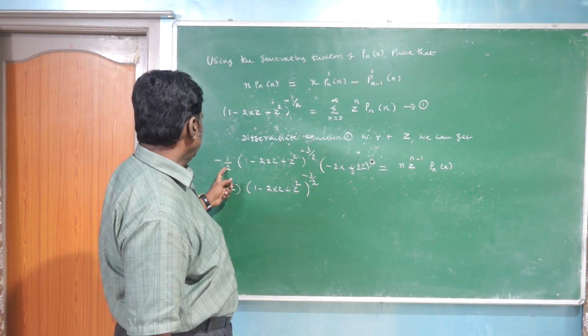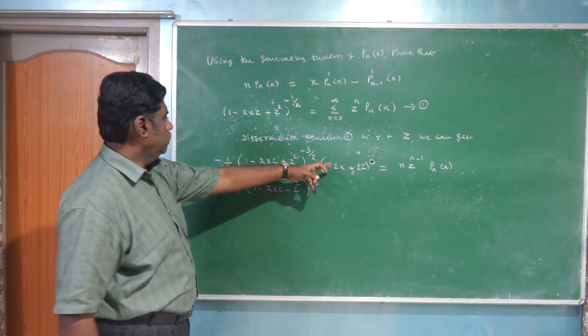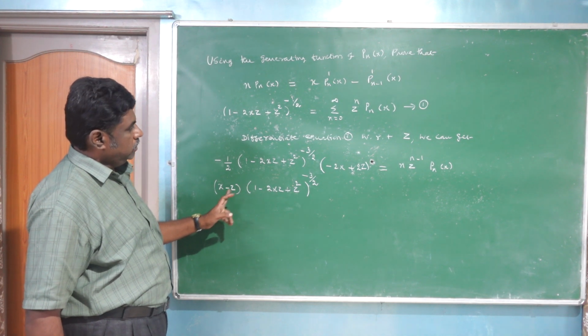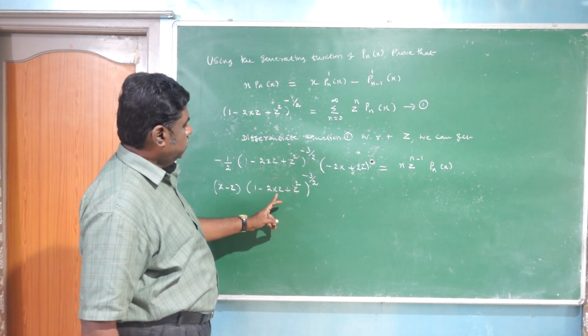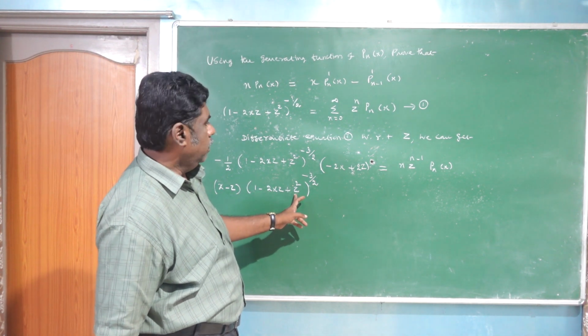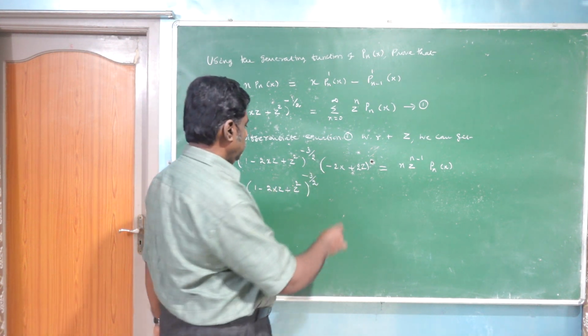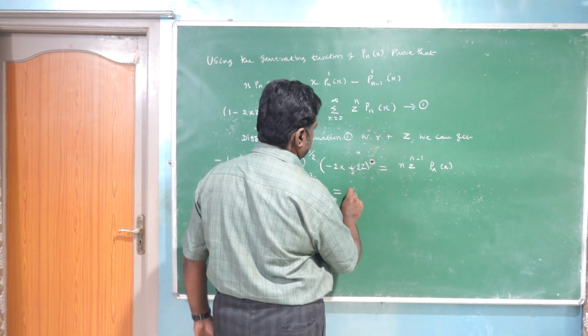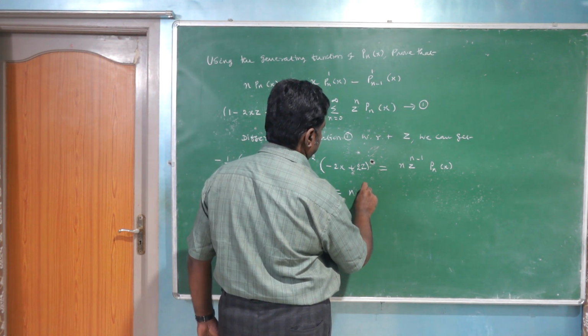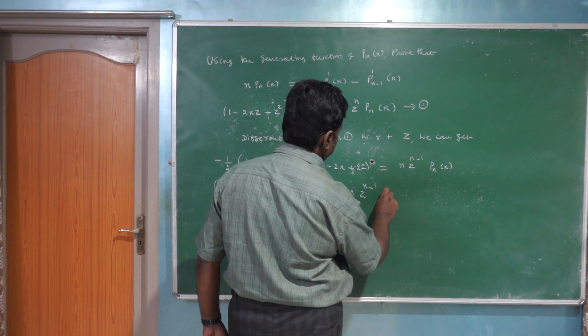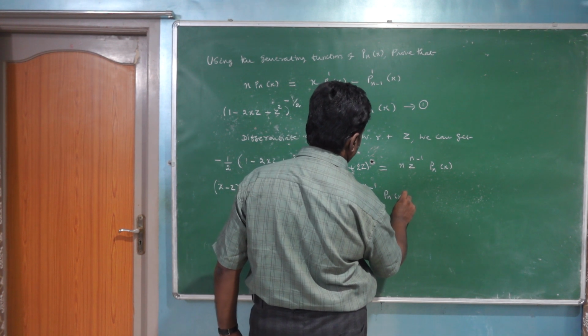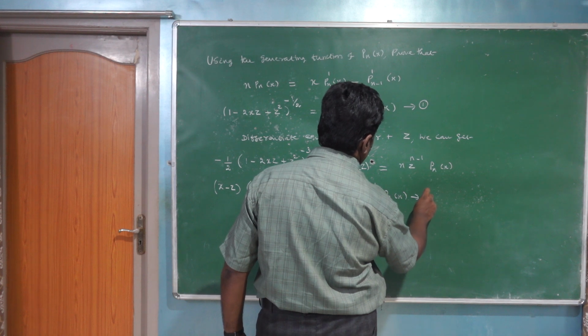Minus 2 into minus 1 by 2 is 1. Therefore, this is reduced as (x minus z) into (1 minus 2xz plus z square) power minus 3 by 2 equals summation of n into z power n minus 1 Pn of x. This is equation 2.